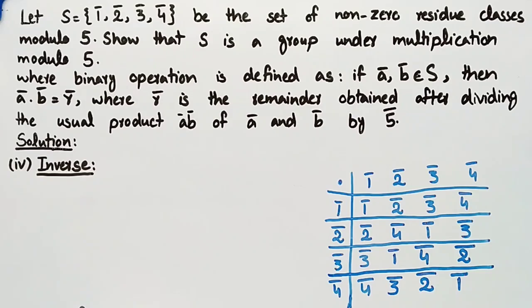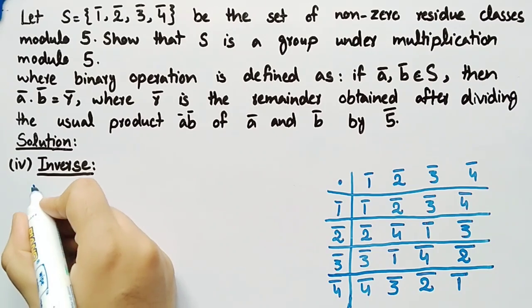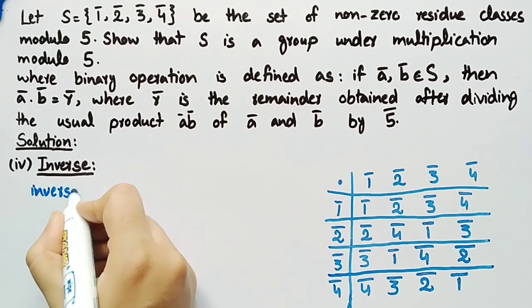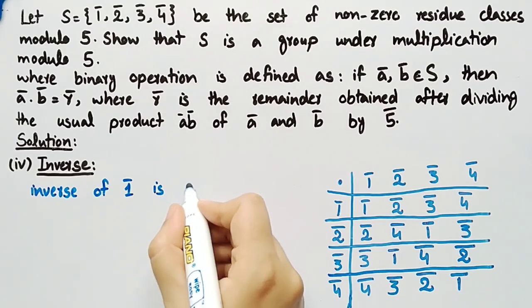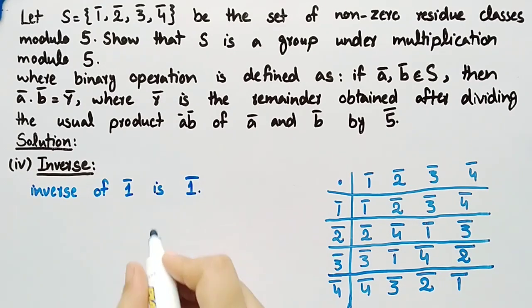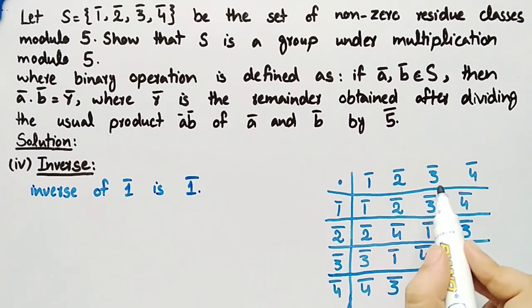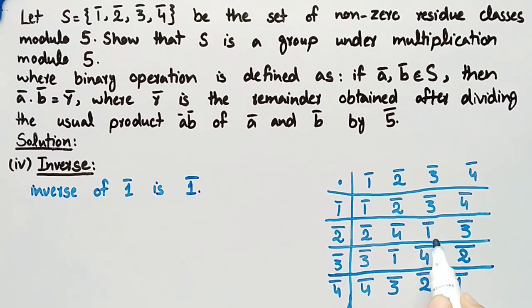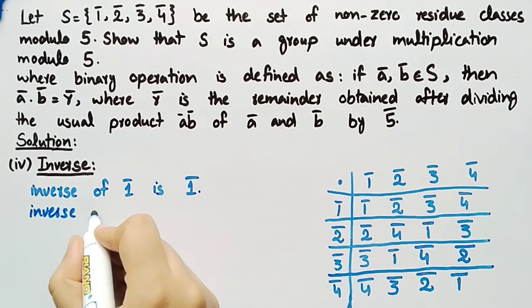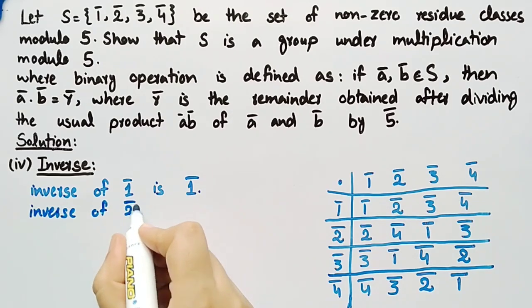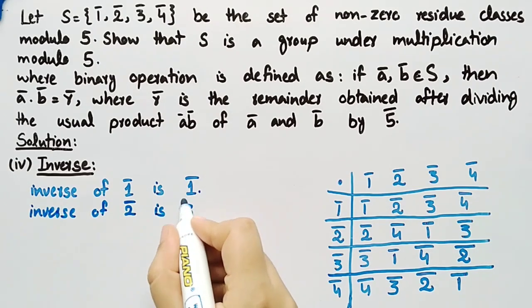When we multiply 1 by 1, we get the identity element 1, which means that the inverse of 1 is 1. When we multiply 2 by 3, we get the identity element 1, which means that the inverse of 2 is 3.